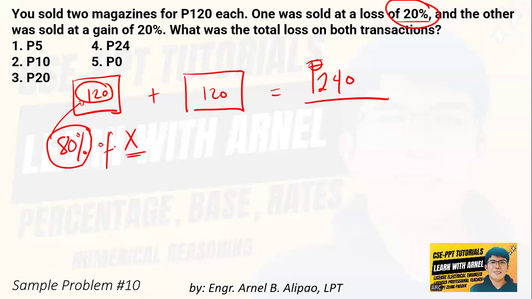Okay. On the other hand, you are selling the other magazine with a gain of 20%. Meaning to say, gentlemen, this amount that the buyer paid you is 20% more than the original price.